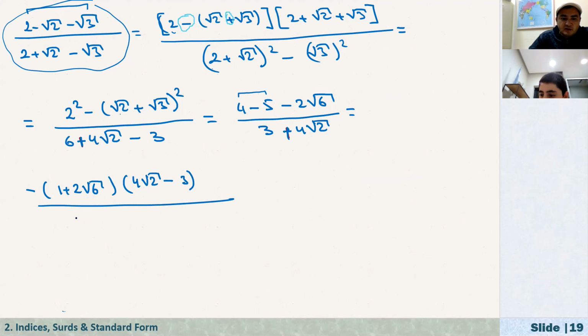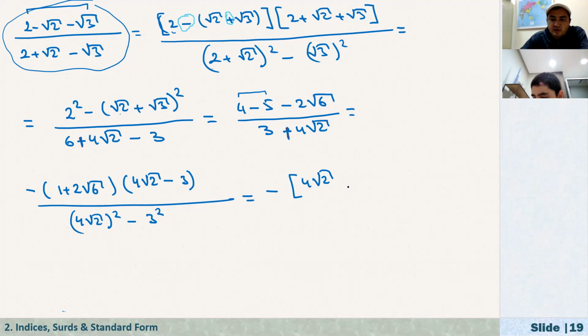So here we have then 4 square root of 2 squared minus 3 squared, right? So that's equal to, I just keep minus here. Then 1 times 4, so here we have 4 square root of 2. 1 times negative 3 minus 3, 2. So here we have 8 plus 8 square root of 12. And here we have minus 6 square root of 6.